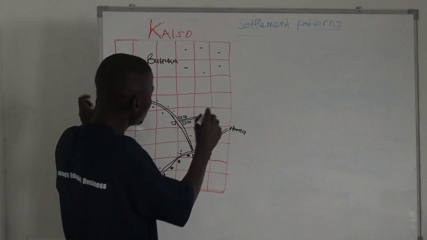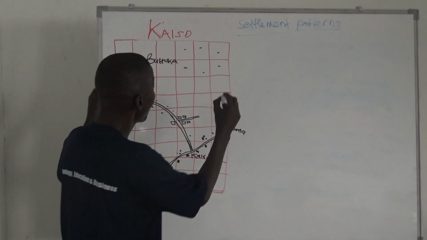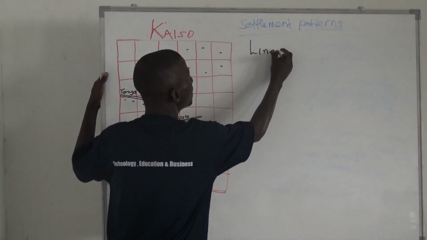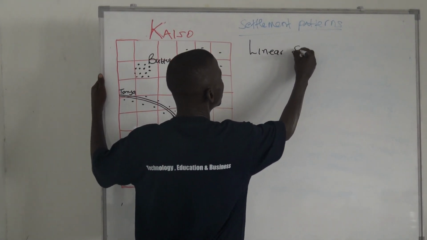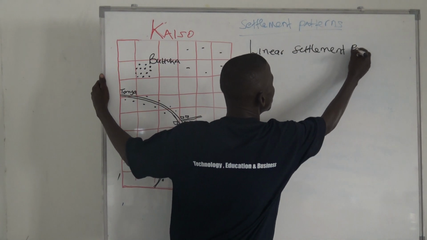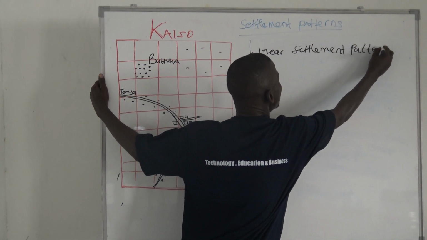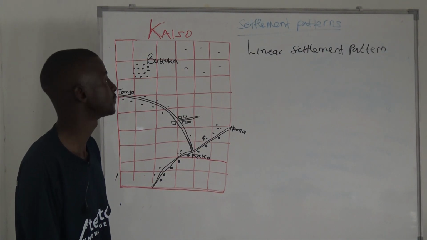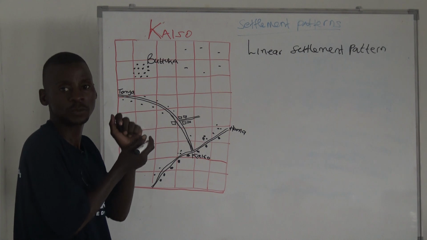The first type of settlement pattern is called the linear settlement pattern. How does a linear settlement pattern look?